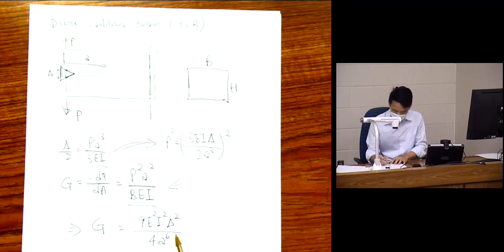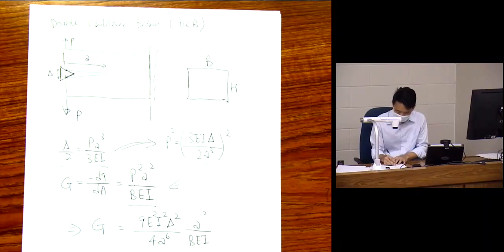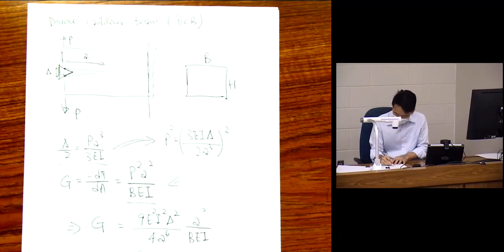That's P squared, and then I still have the a squared over B E I. Simplify that: 9 E I delta squared over 4 B a to the power 4.